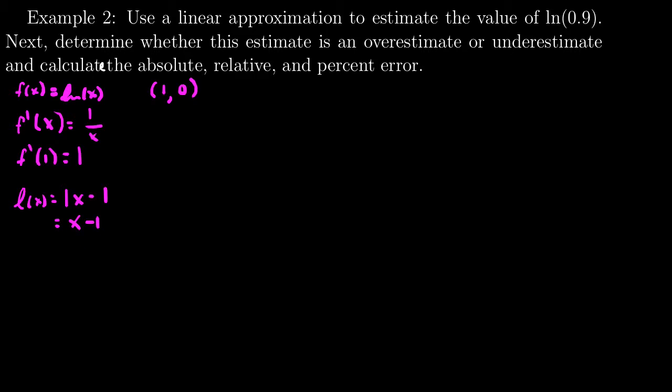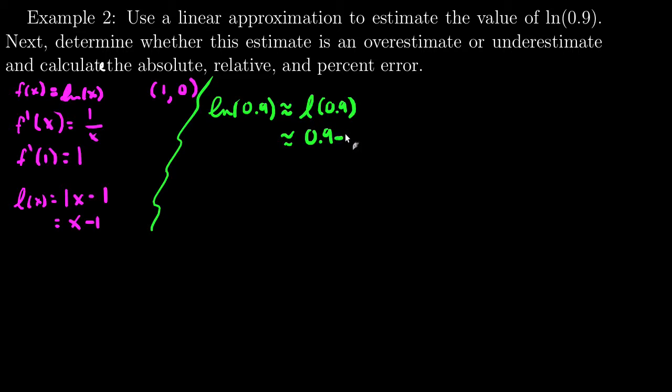Okay, next up, I'm going to use this to estimate the natural log of 0.9. So since 0.9 is close to 1, then this will be approximately L of 0.9. And L of 0.9 is 0.9 minus 1, which is negative 0.1.